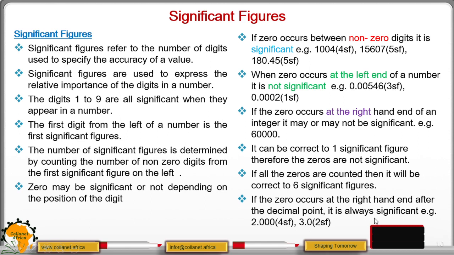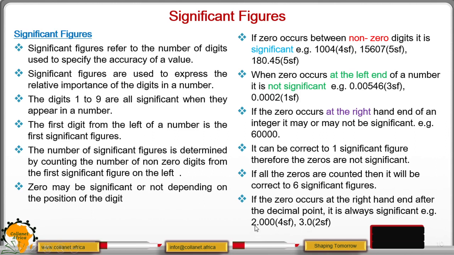They are always significant. Note, the zeros before and after the decimal point in a number like 0.00435 were not significant, but when you come to zeros after the decimal point where the first number is a non-zero digit and then there is 0 after the decimal point, then these ones are significant.